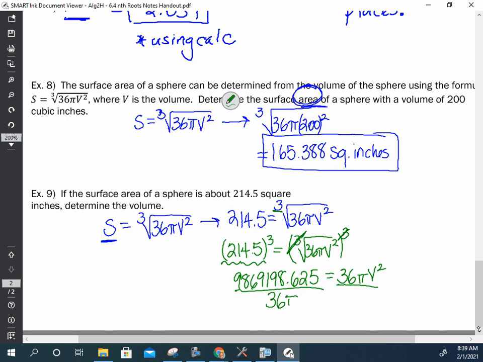Divided by 36 pi, so you get 87,250.0527, equals V squared. And then you would take the square root.